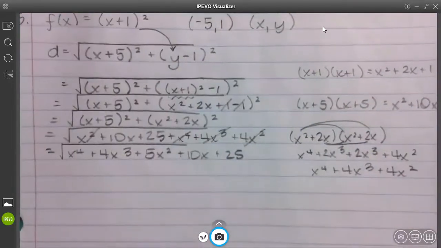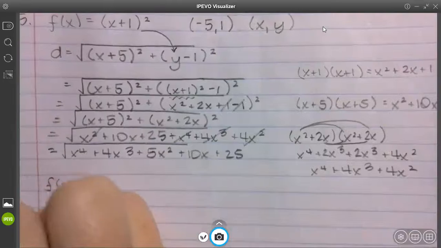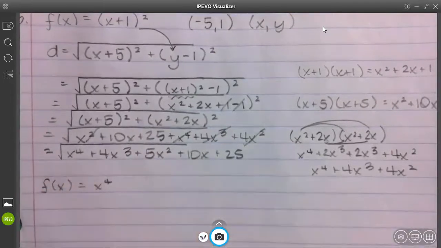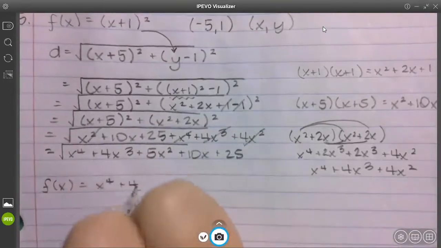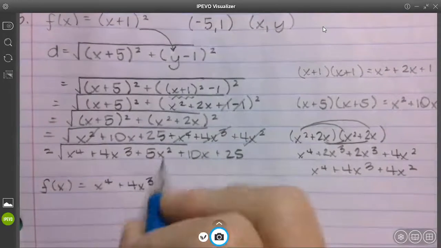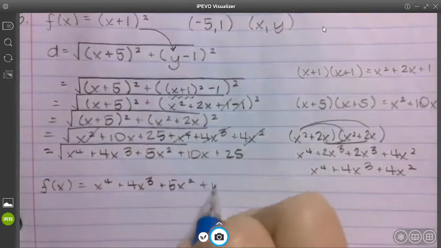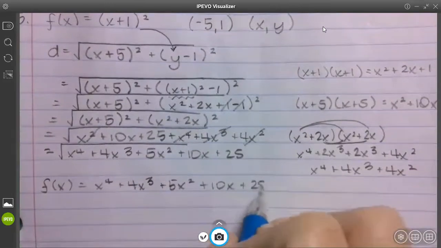Because the square root really doesn't matter in this because you're going to square it anyway, your function underneath is what you're going to use for your f of x. So f of x is going to equal x to the fourth plus 4x cubed plus 5x squared plus 10x plus 25.